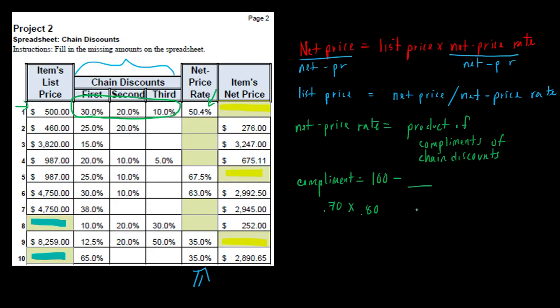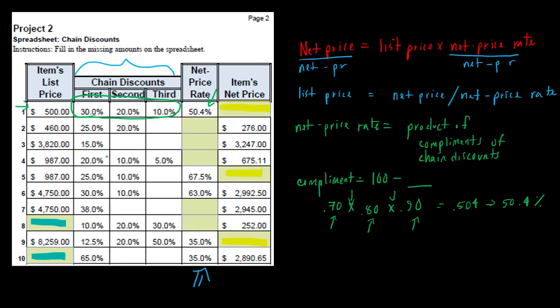And third, I have a 10% discount. The complement of 10 is 90 because 100 minus 10 is 90. So I've got the complements. I've got 0.7, 0.8, 0.9, and I'm taking their product. I'm multiplying them together. So 0.7 times 0.8 times 0.9 is 0.504. Written as a percentage is 50.4%.